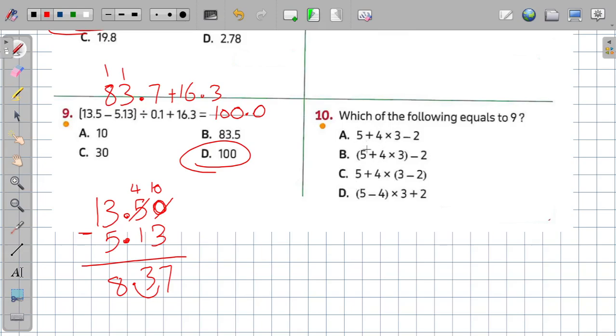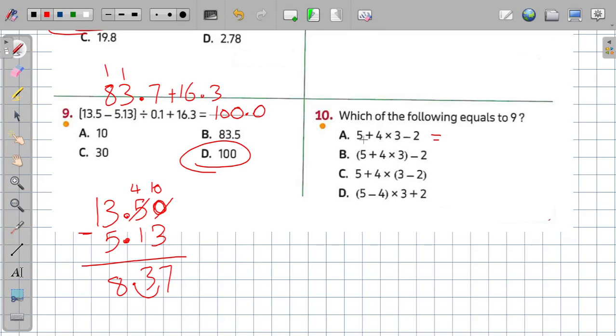And I have multiplication and addition and subtraction. So what is the order of operation and the true form of the expression to make the result equal 9? So let's find the result of each one.